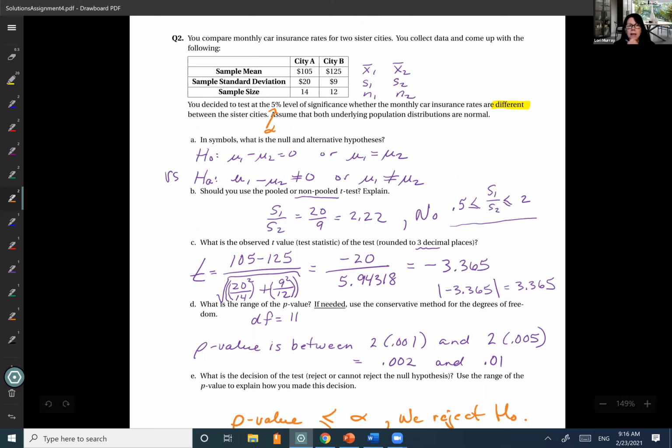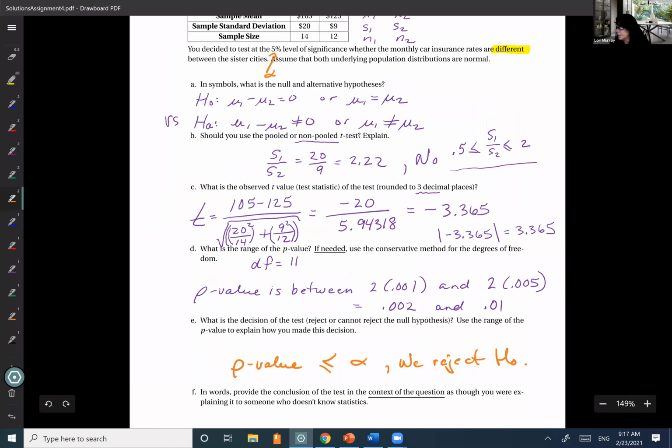You would just say, we've conducted a formal test between city A and city B for the monthly car insurance rates, and you conclude that there is a statistically significant difference between the two cities. Another way to say it: there is a difference in monthly car rates between the two sister cities. That way it's in the context of the question, talking about car insurance instead of p-values and significance levels.